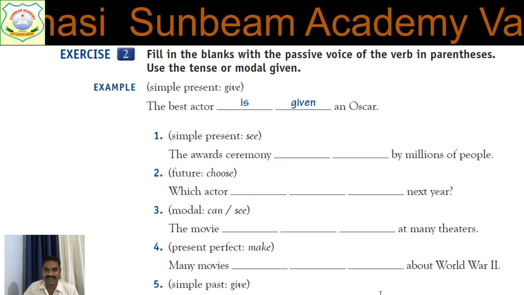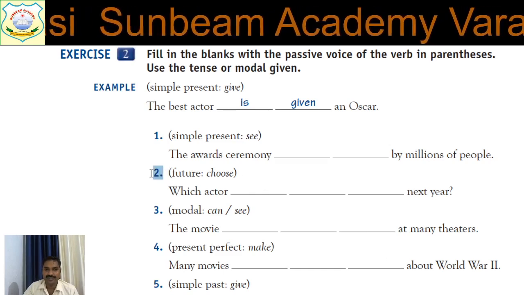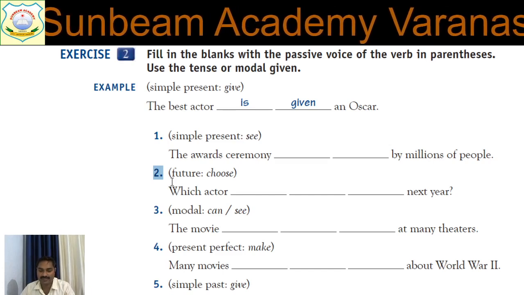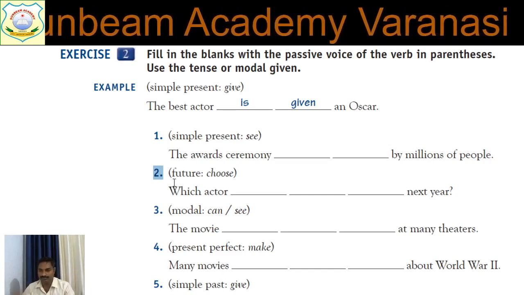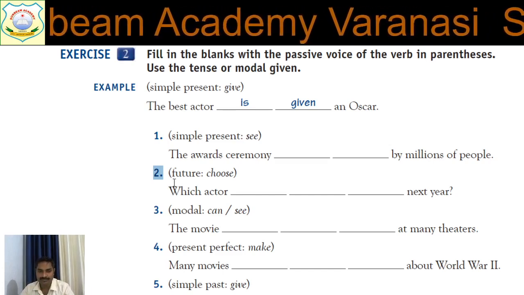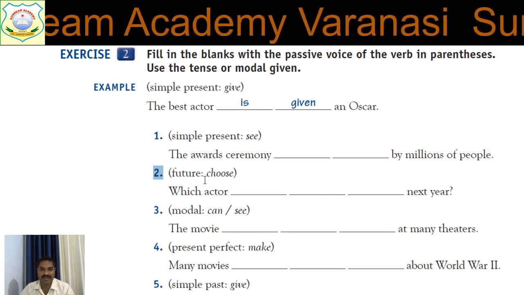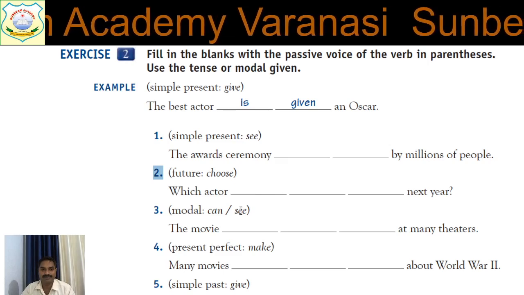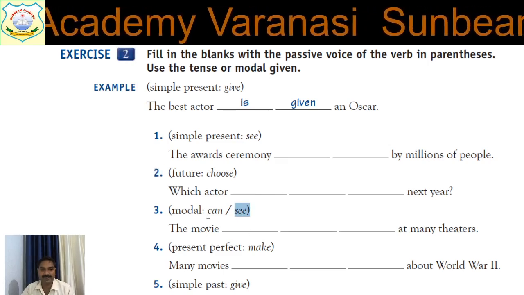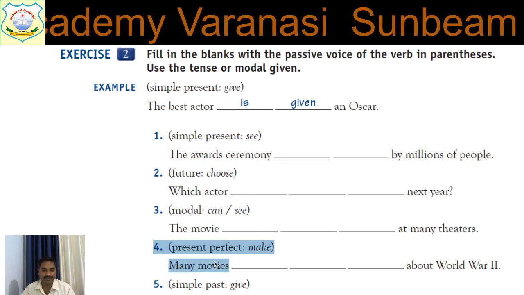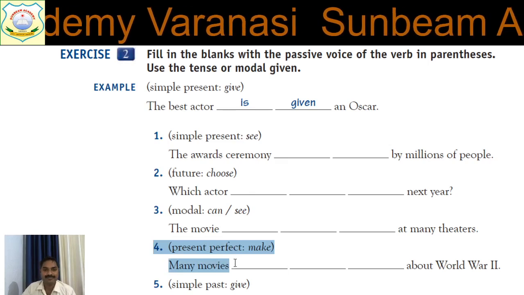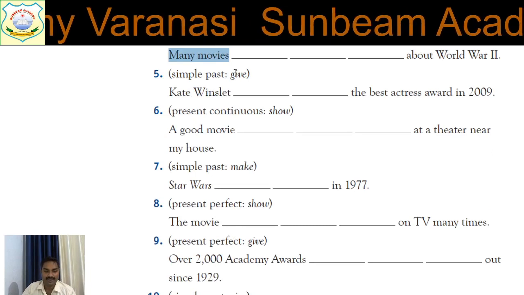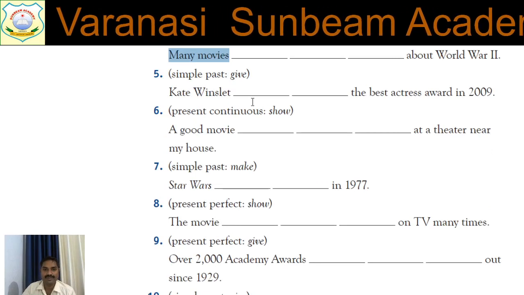The second is here, had been. Here you will write the verb in third form. The third, can be seen. The fourth, have been made. And the fifth is here, was given.